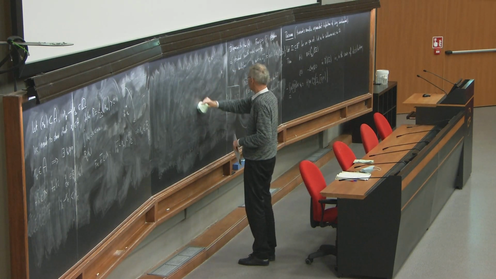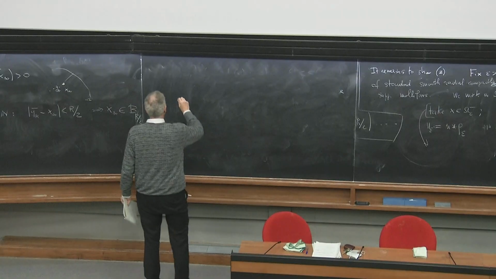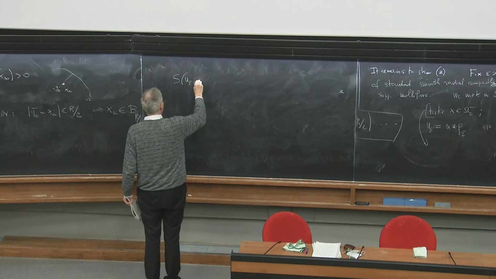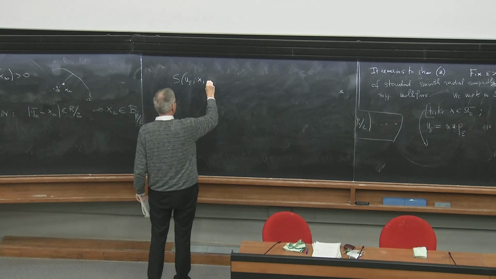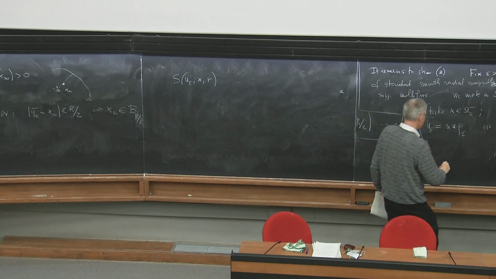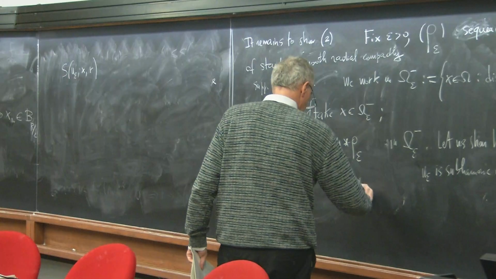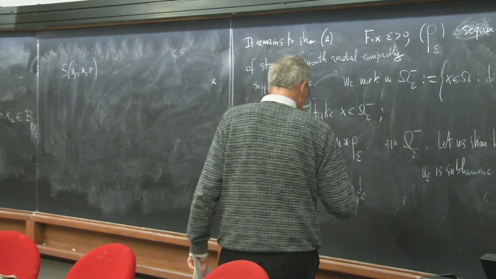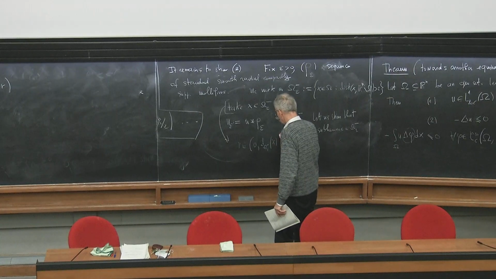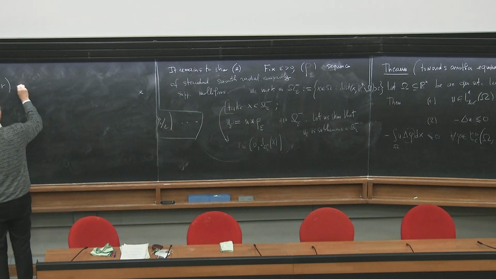Let's write the surface mean value formula for u epsilon centered at x, with fixed radius r, such that the ball stays inside omega epsilon minus.